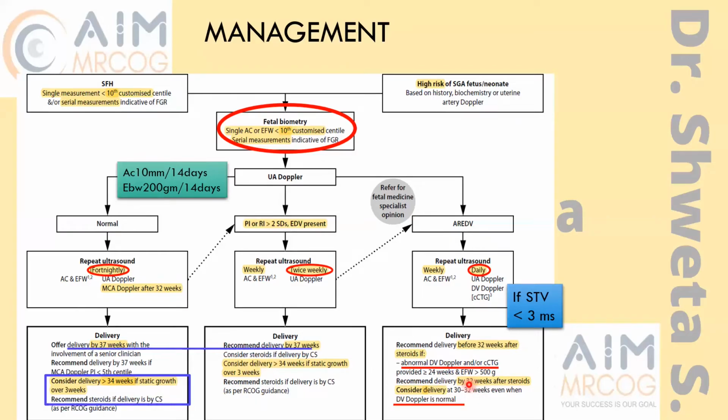Whenever you are doing CS before 39 weeks, meaning even 38 plus 6 weeks, you have to give them steroid. So always choose the option with steroid. Never choose without steroid in cases of CS. But in normal delivery, no need of steroid. So this is an important factor. Sometimes they confuse you by not giving you steroid in the option.